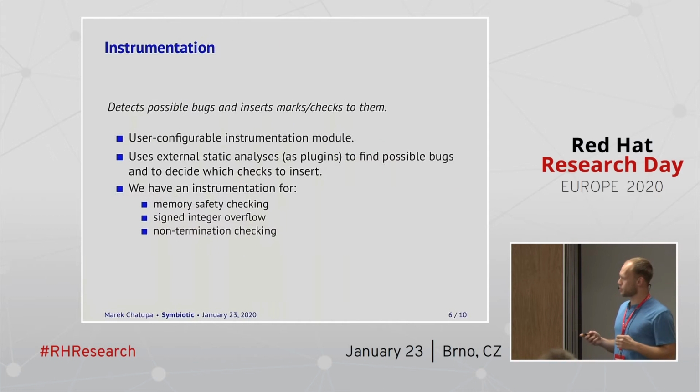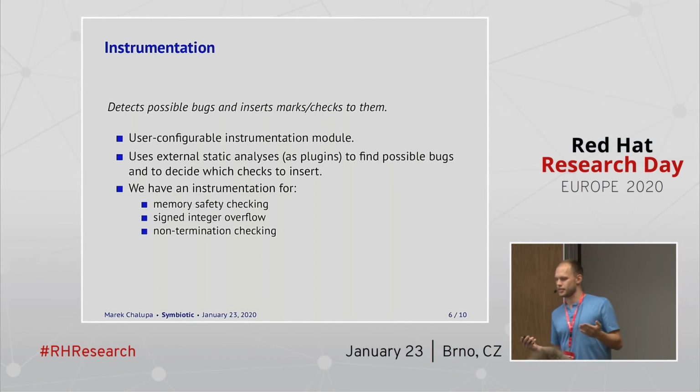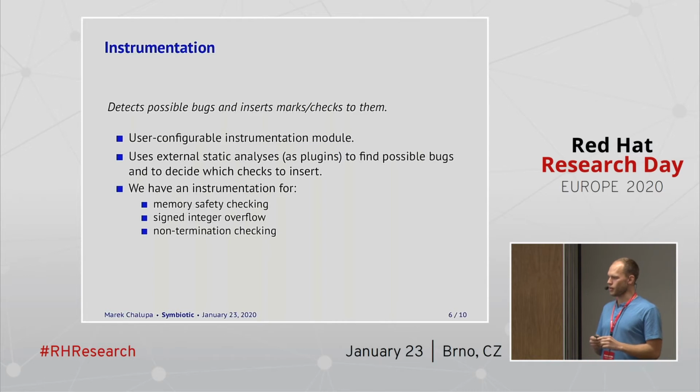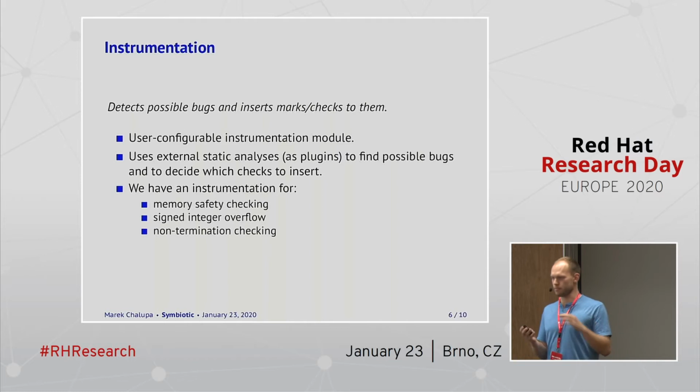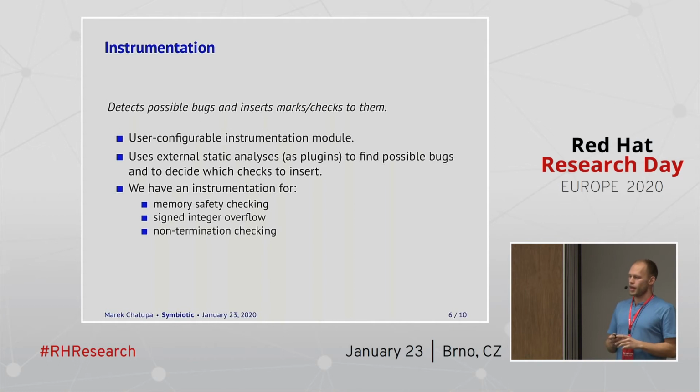So, some details on the components. The instrumentation, the first phase that marks the possible bugs and inserts marks or checks into the code, is in Symbiotic a module that is user configurable. The user just gives some configuration in JSON to it, for example definitions of functions that you want to link to the module if you need them.